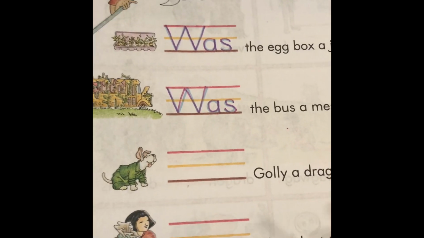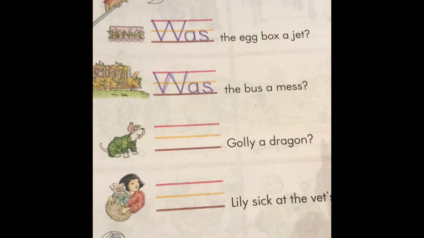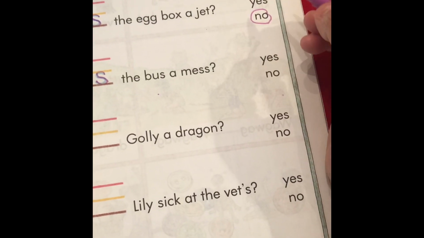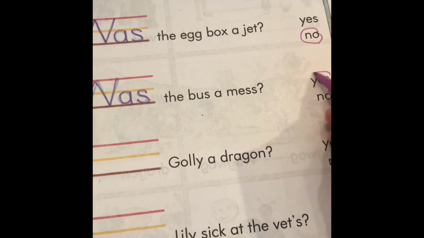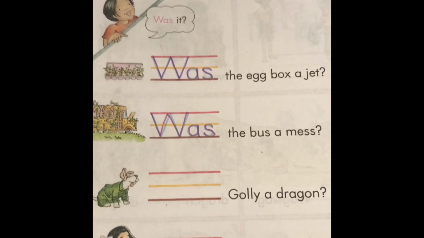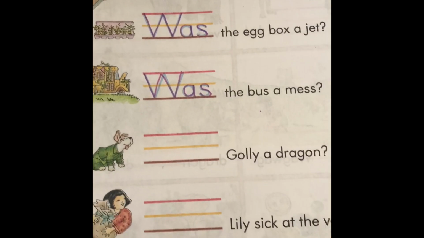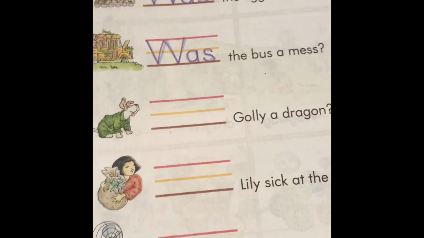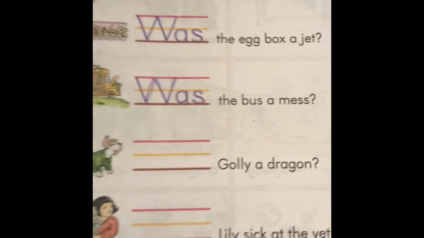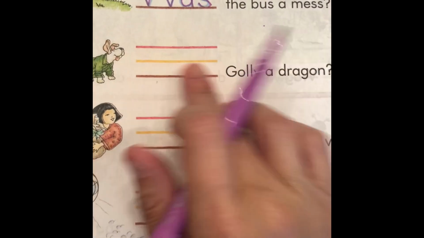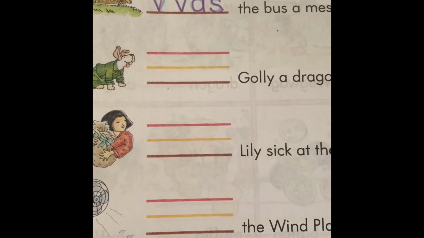Was it a mess when they found that Super Kid bus? Yes or no? Yes, it was a mess. Remember, it had bugs and it had cobwebs, and they cleaned it up and they turned it into the Super Kid Club.